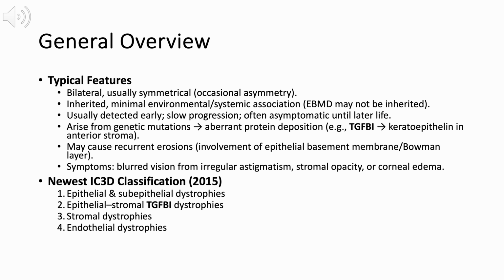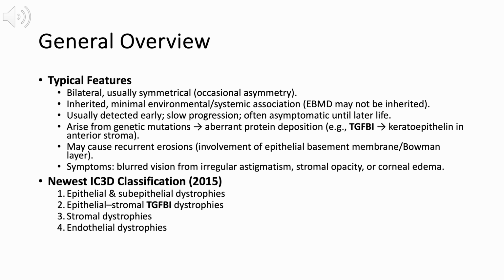These conditions are bilateral and usually symmetrical, although occasional asymmetry can occur. They are generally inherited with minimal environmental or systemic association. An exception is epithelial basement membrane dystrophy, or EBMD, which may not be inherited. Corneal dystrophies are often detected early in life. They tend to have a slow progression and may remain asymptomatic until later.